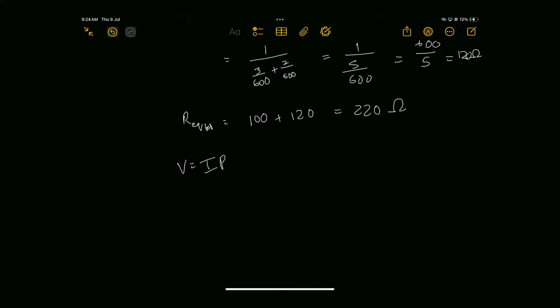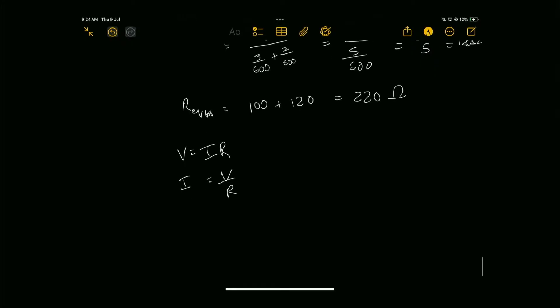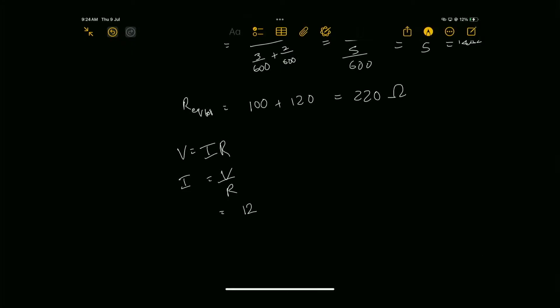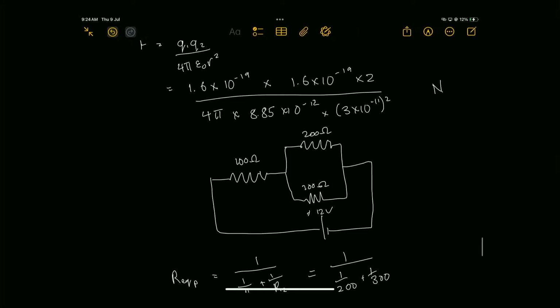We need to find I, so I is equal to V over R. So the voltage is given by the battery, which is 12, right? But the resistance we are using is not 100 ohms, because if we look at the diagram, the current is not just flowing through 100 ohms. It's flowing through, we can replace this. Let's draw a new diagram.